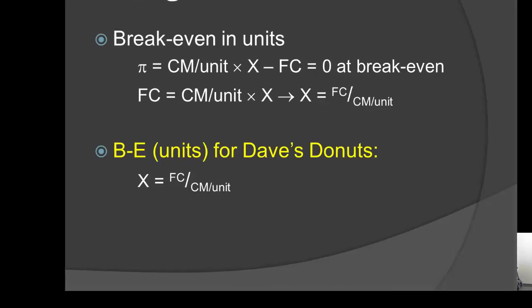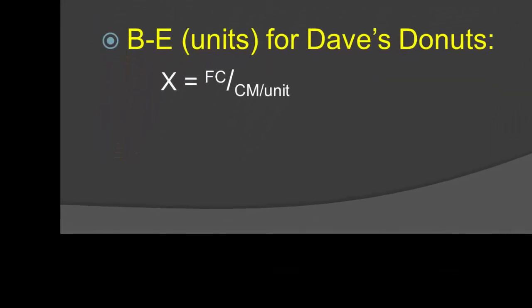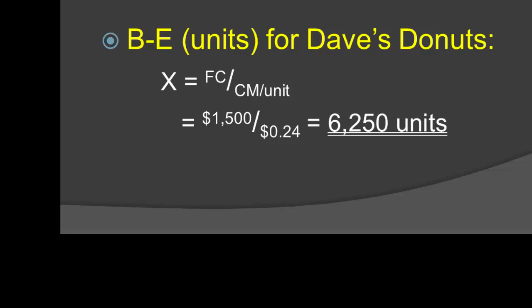Going back to that problem, we know that our fixed cost was $1,500 that was given, and we figured out that the contribution margin per unit was 24 cents. When we divide that out, it tells us that Dave has to sell 6,250 units just to break even.